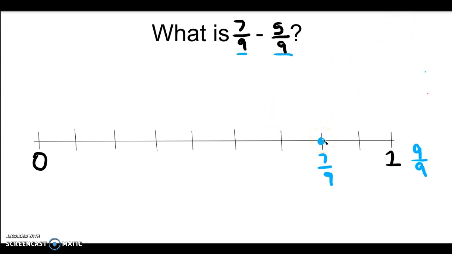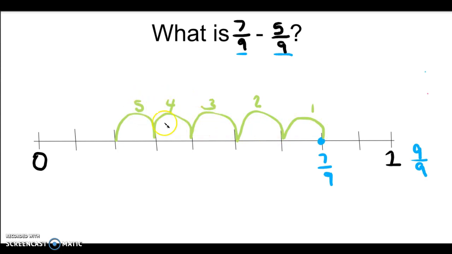So we're going to start here and we're going to go backwards the number of ninths that our problem specifies. So in this case, it said 5/9. So we're going to jump back 1, 2, 3, 4, 5.